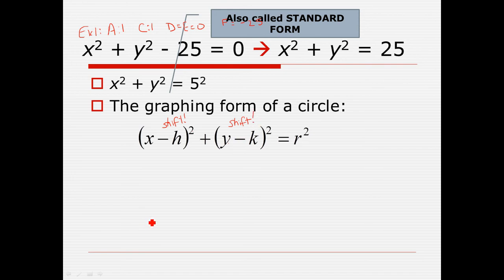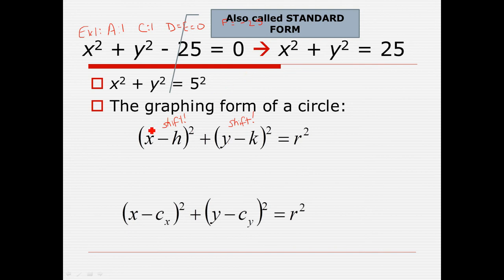Remember, our unit circle had a center at 0, 0. So does this circle, and that's because h and k are 0. I don't know where h and k came from. I have no explanation for why h and k were the letters used to represent the x shift and the y shift.